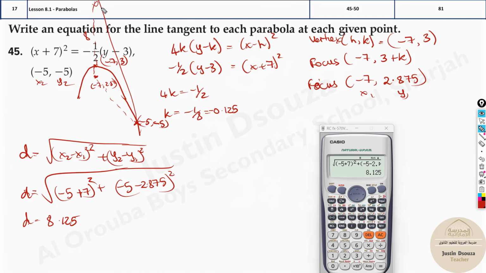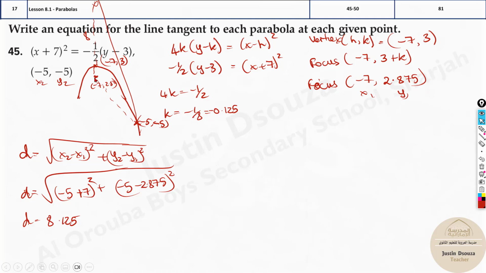So how would we find that point? If focus is negative 7 and positive 2.875, we have to just add 8 to the x-axis. Sorry, not the x-axis, to the y-axis. I'm sorry. You need to add this 8.125 to this y. This is the y-axis, not x-axis.